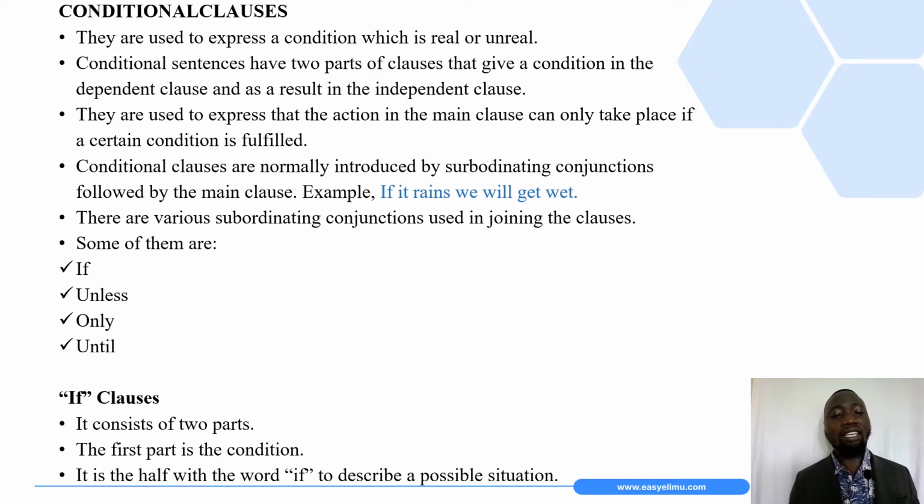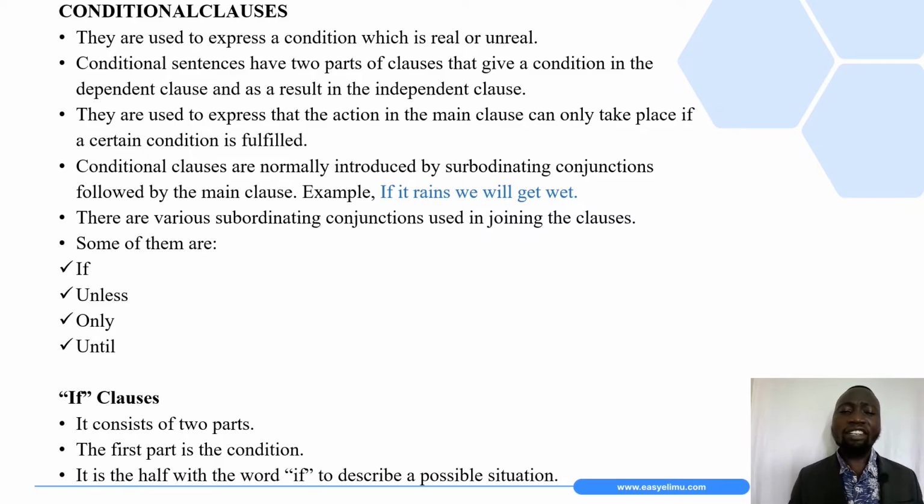The first part of the sentence, introduced by the subordinating conjunction if, gives a condition, or talks about what will happen if this happens, or the outcome if one action is performed.